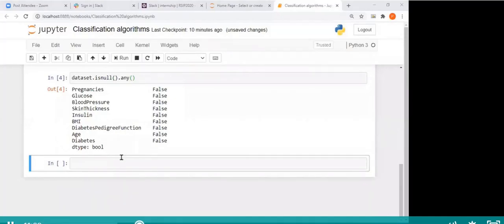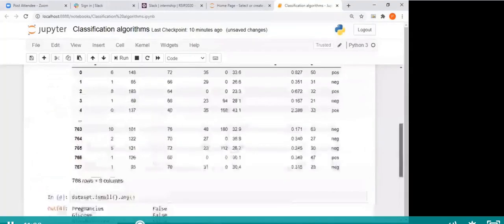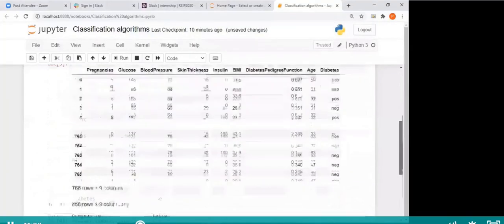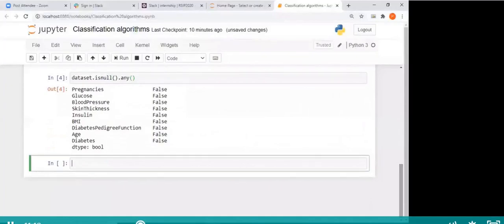Yes. Now the next step is to convert the diabetes column into integer encoding. So from sklearn.preprocessing import LabelEncoder.